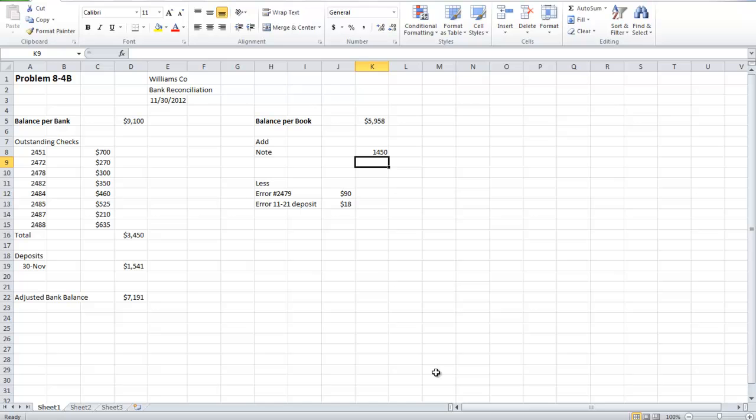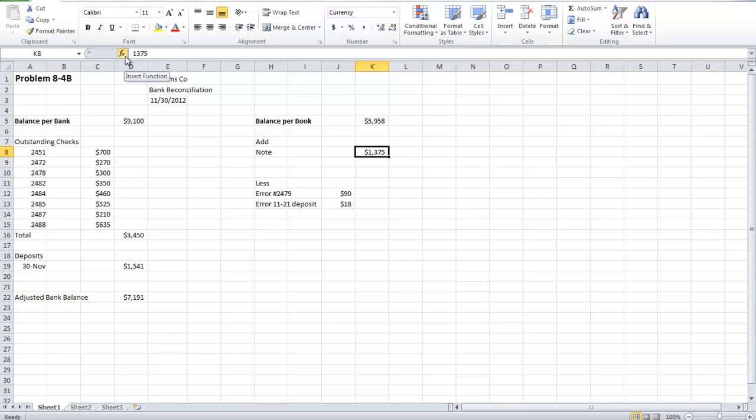So in this particular case, the $1,375 is actually the net. Okay, so this is what we want to include for our balance. Okay, so that is inclusive of the interest and the collection fee.